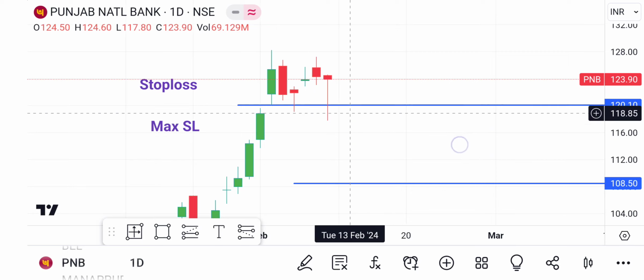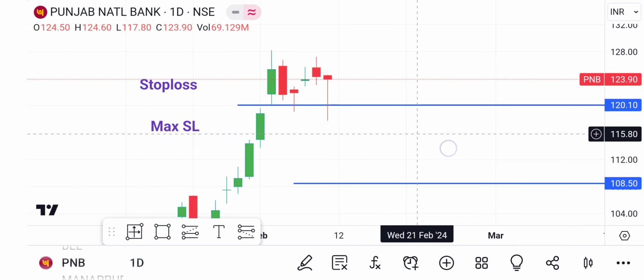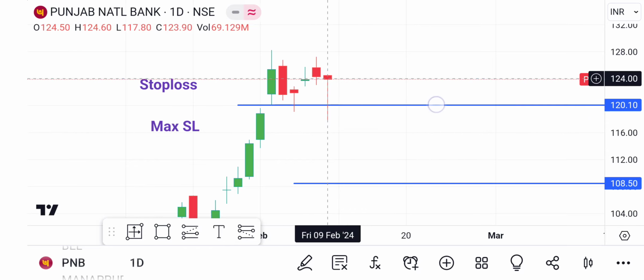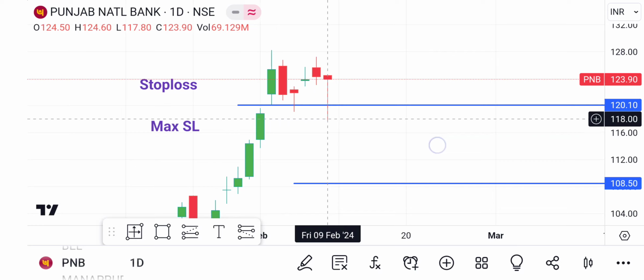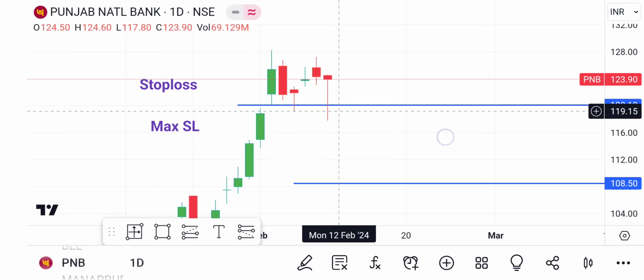And the concept of max SL is trend change. Okay, why we are keeping max SL: suppose this bearish candle is going down, how long will you wait for this candle to confirm that the trend is over, or that the way you wanted the stock to go up is not happening?